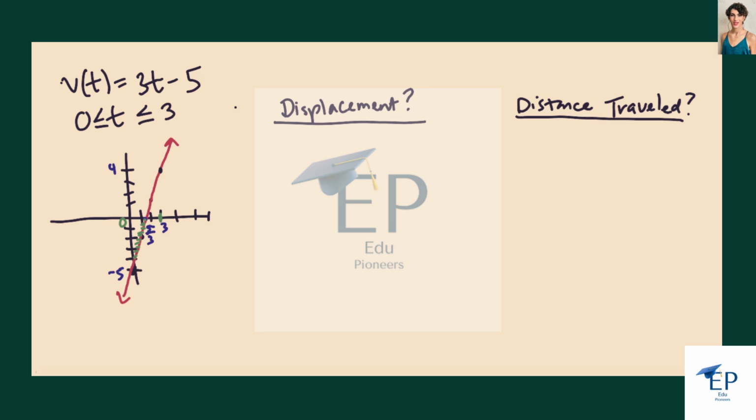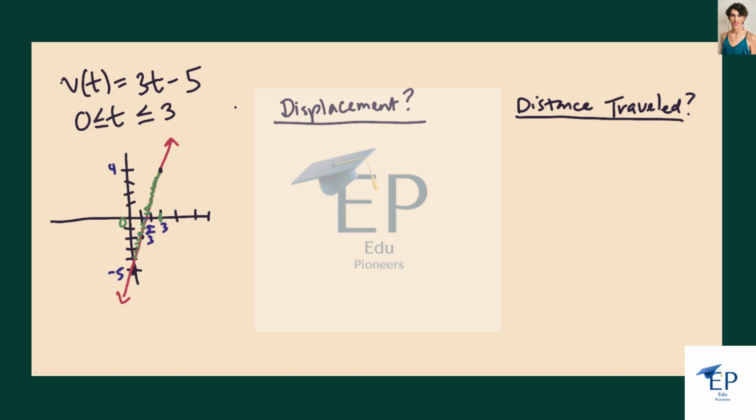But then the particle switches at time equals 5/3, and starts moving forwards because the velocity is positive. So it went backwards and then it went forwards. It traveled a lot of distance, but it didn't get very far because it went backwards and then retraced its steps, if you will, and then went forward.